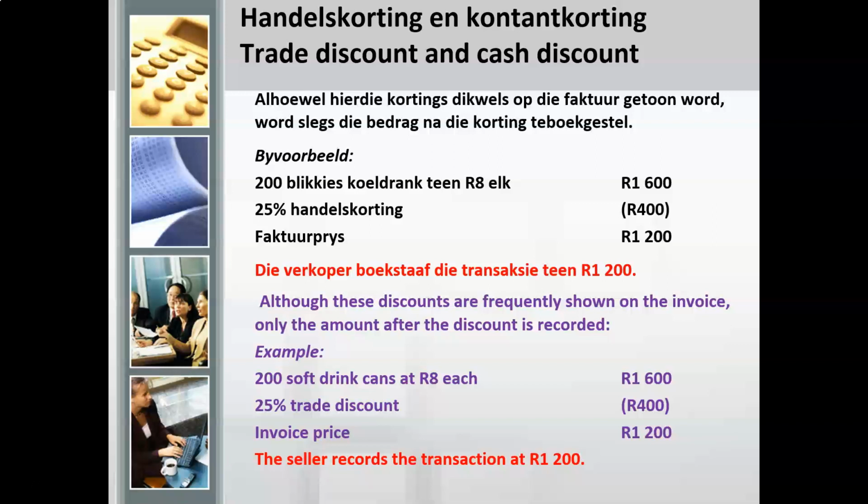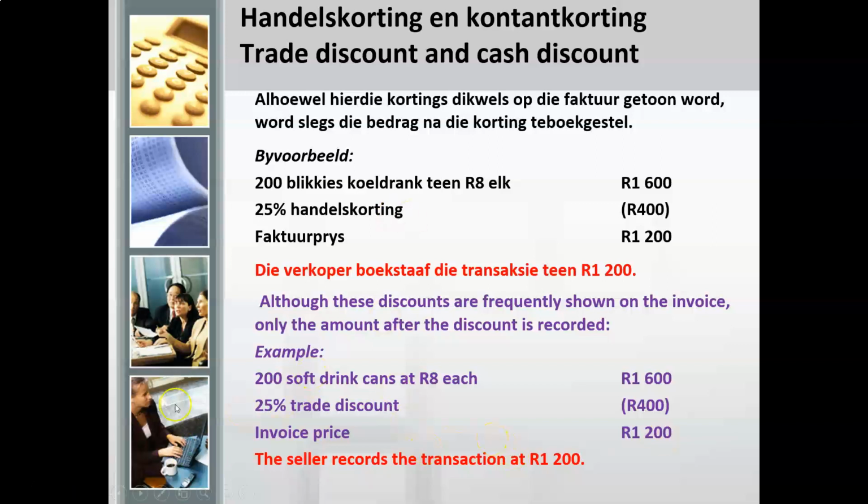So if I'm talking about debtors and I have given the debtor a trade discount, the trade discount would already have been deducted from the invoice amount. So when I post the invoice in my debtors journal, that invoice amount will already have taken care of the trade discount.